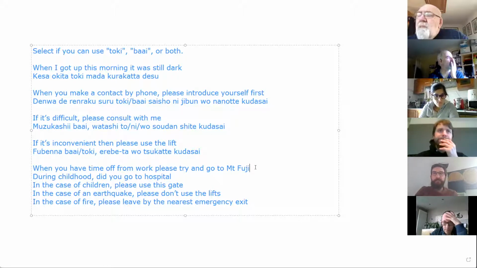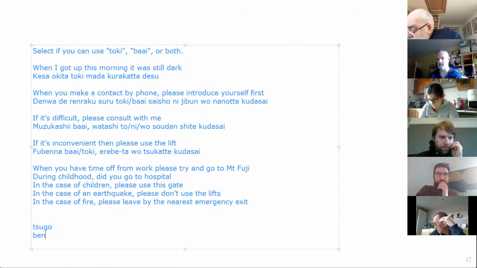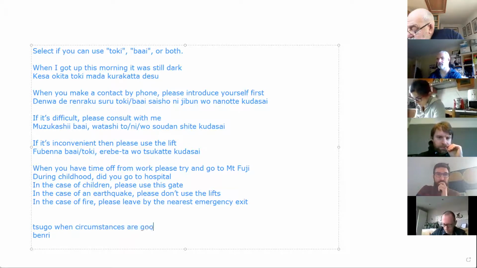So, yeah, there's a slight difference between tsugo and benri. Tsugo is much more like when circumstances are good for you. So this is often expressed as tsugo ga ii toki.